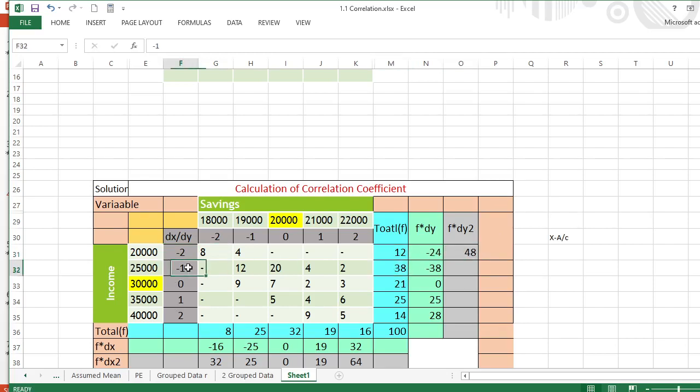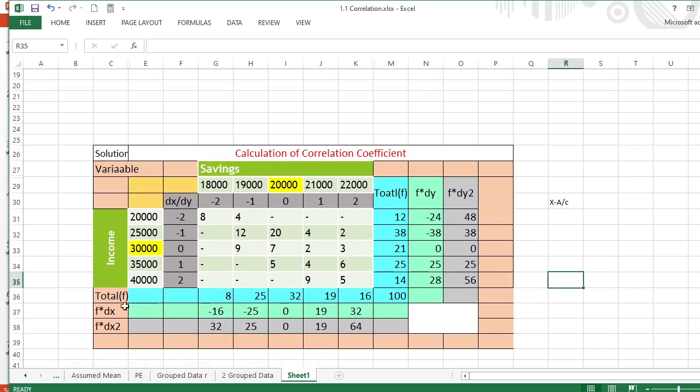Then minus 1 square, that means 1. 1 into 38, it's 38. Then 0 square is 0, into 21 is 0. Then 1 square is 1 into 25, it's 25. 2 square is 4, 4 into 14 is 56.